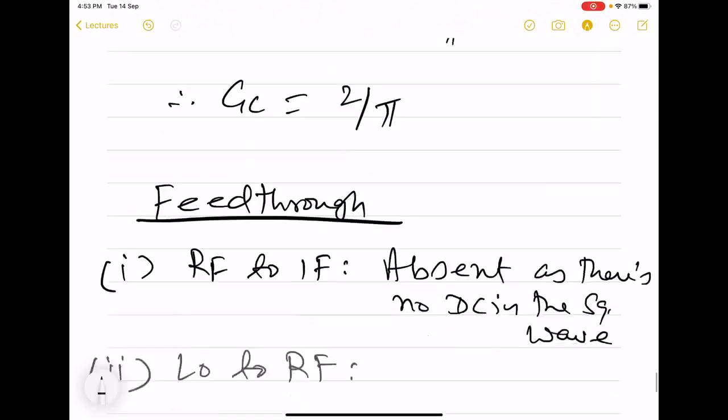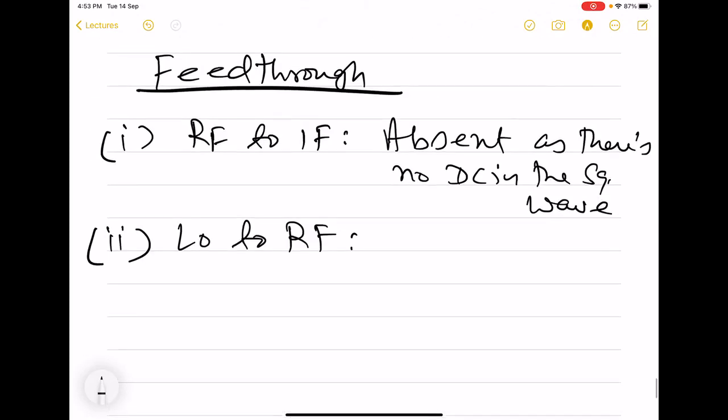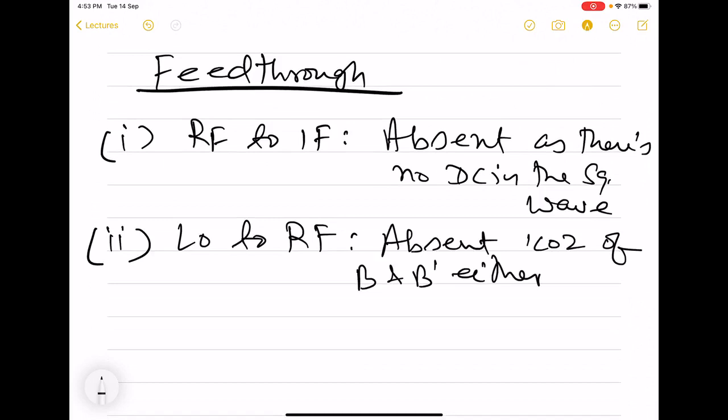So what we find, LO to RF is also absent, and this is because they are BB dash either isolated or grounded.